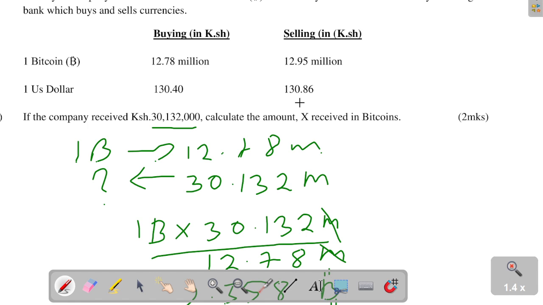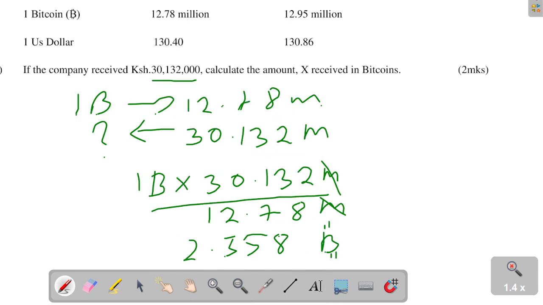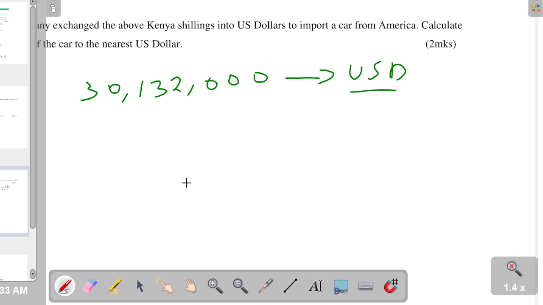Therefore, the bank is going to sell at a rate of 130.86. So we will say here that 1 USD is being sold at 130.86.